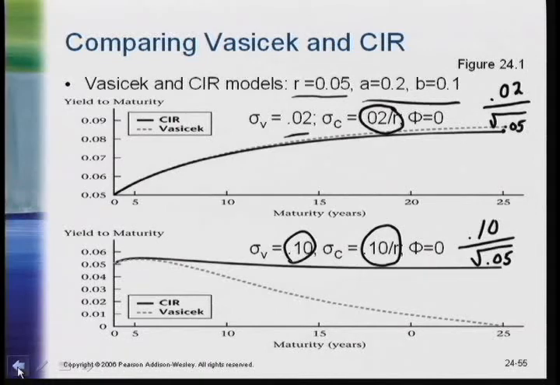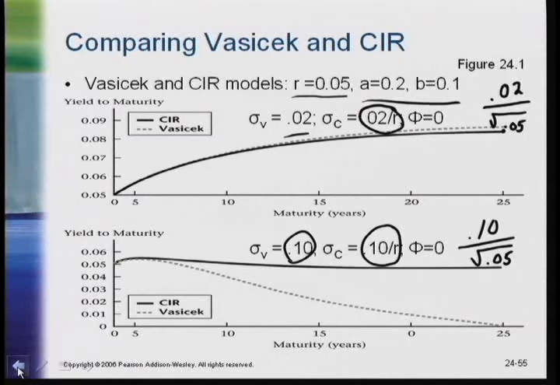But there's either 3 or 4 parameters in these models that the user can set. What is typically done is that these models are calibrated to market prices. In other words, the coefficients in the model, the A, B, sigma, and phi, are determined in such a way that these models reproduce as many market prices as possible.